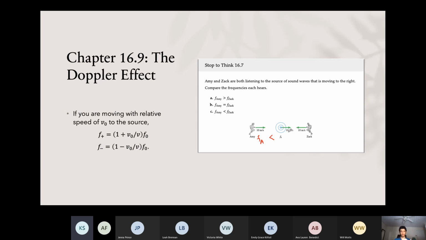Would the frequency be higher or lower compared to the source? Higher, yes, indeed. So then we have f of Zach. So that means overall this would be the answer.